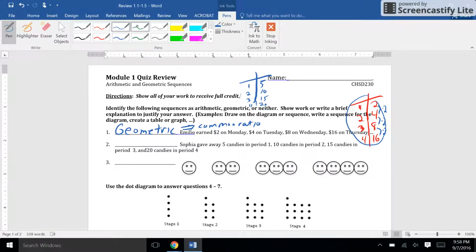So it looks like +5, +5, +5. So that looks like it would be arithmetic because it's adding. So I would say arithmetic.